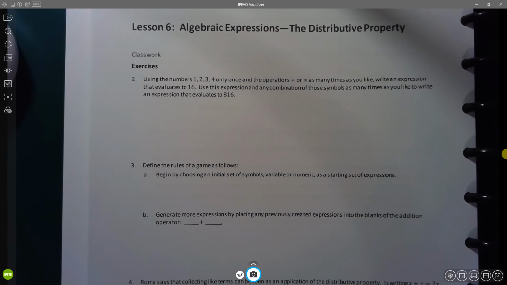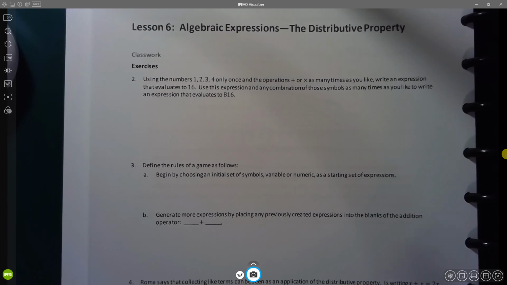So let's go ahead and jump in. Exercise 2 says using the numbers 1, 2, 3, 4 only once, and the operations plus or multiplication, addition or multiplication, as many times as you like, write an expression that evaluates to 16. Use any combination of those symbols as many times as you like to write an expression that evaluates to 816.